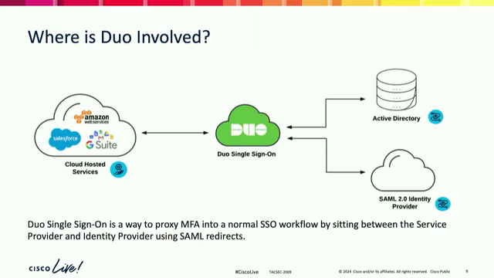And so involving Duo into your SSO workflow, essentially what you're doing is adding an extra layer of security. You're adding MFA into your SAML workflow, and that's really the purpose of involving Duo single sign-on, is getting that extra layer of security and just really securing your users when they're using SAML in your organization.